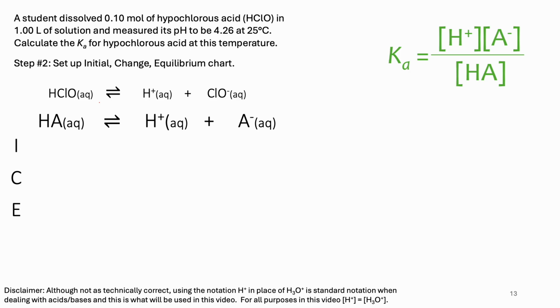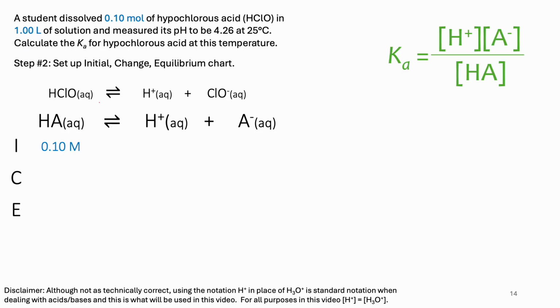The next thing we're going to do is set up a chart that I've labeled ICE, where I stands for initial, C stands for change, and E stands for equilibrium. And then we want to start filling in the information that we know. So in this scenario, 0.1 moles of hypochlorous acid was dissolved in 1 liter of solution.